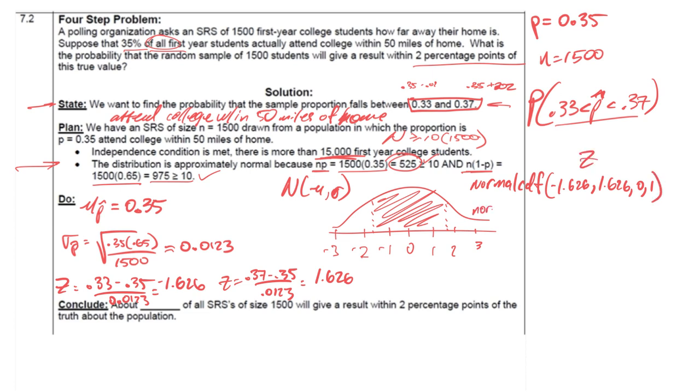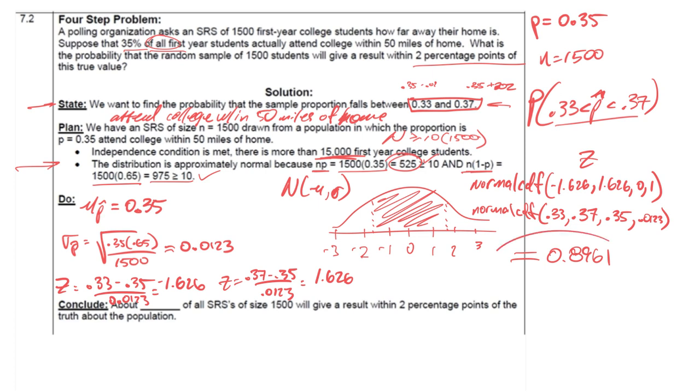If you want to use the numbers as they're given to you, lower bound is 0.33, upper bound is 0.37, our mu is 0.35, and our standard deviation is 0.0123. These all come out to be about 0.8961. The table gives you 0.894 something, but it's very close to 0.89.